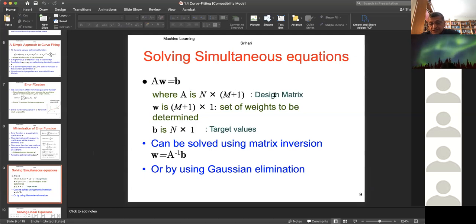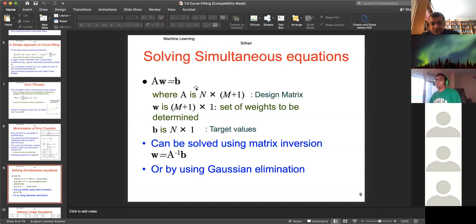So we refer to this as the design matrix of the data samples. That is the design matrix which captures all the samples you have and all of the parameters that go with it, and that's what we want to solve. And then W is the set of weights to be determined. So this is the design matrix, and this is the values of the outputs corresponding to them.